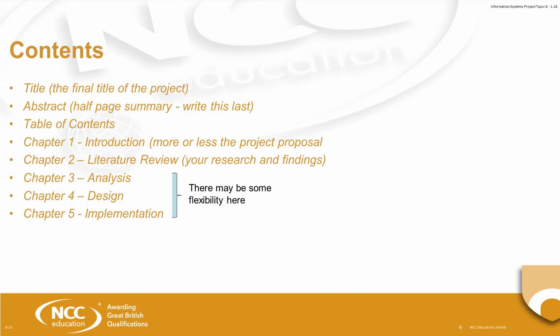Now, there may be some flexibility here in these 3 chapters. Remember, we've talked about iterative developments where you will tend to go through the analysis, design and implementation stages in a series of iterations. If you've broken down your project deliberately into a number of smaller iterations, then one chapter on each of analysis, design and implementation isn't really appropriate.